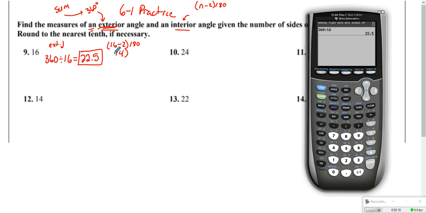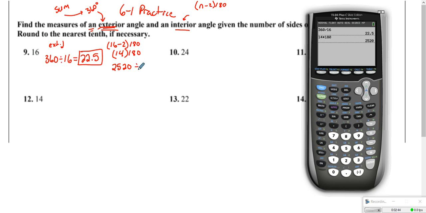So 14 times 180. Let's be a big number here. 14 times 180. 2,520. So that's the sum of them. 2,520. That's the sum. Okay? It's all of them together. How many are there? 16.